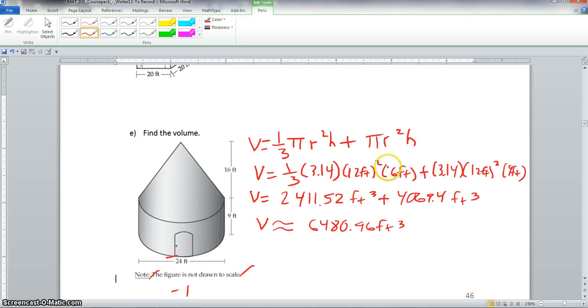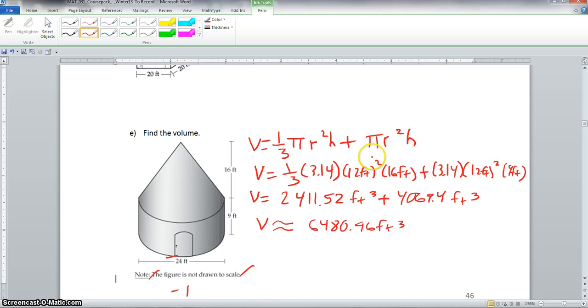Okay, class, again with the technical difficulty, this 6 was actually supposed to be 16. The 1 had disappeared. So we will multiply this out with the 1/3, and that gives us 2,411.52 cubic feet. Plus, when we multiply this out, that's 3.14 for pi.